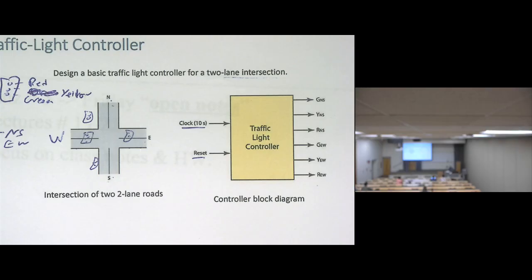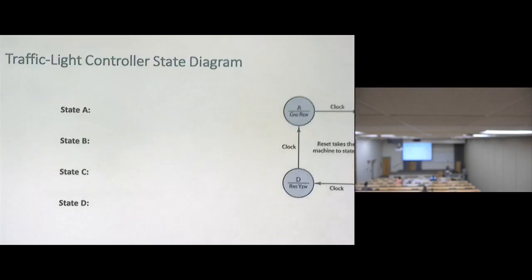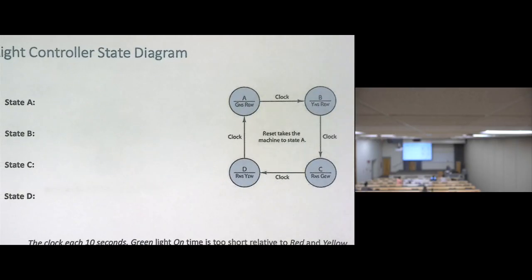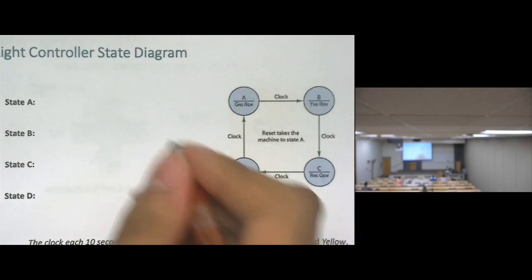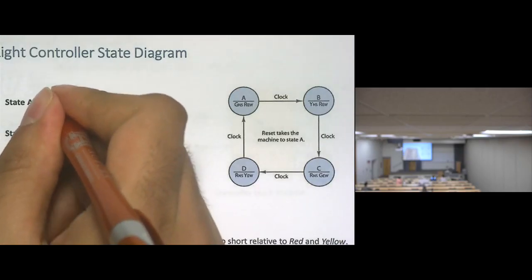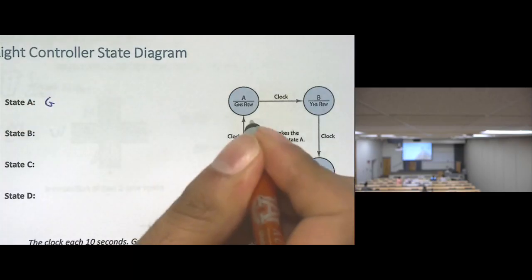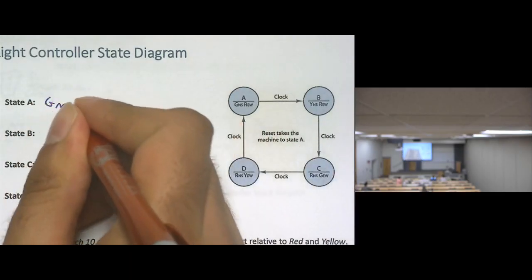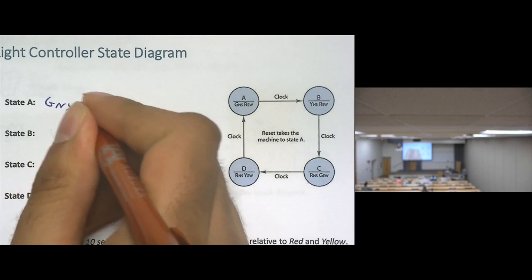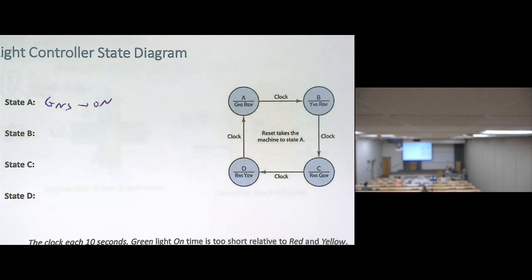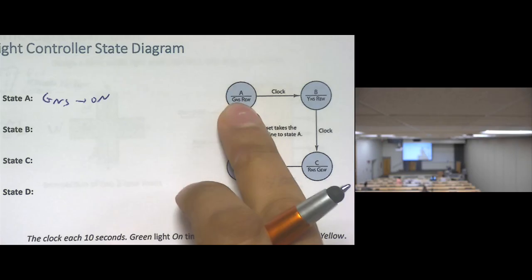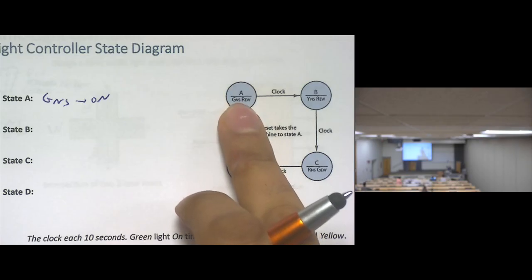So how can I make this into a state diagram? In the state diagram, we can make several states, as shown here. State A is when green north-south is on. What will happen to the other light?